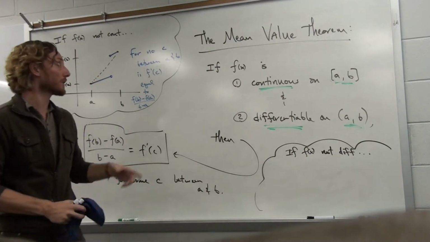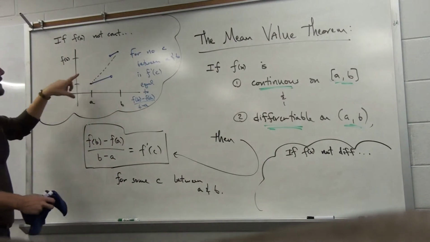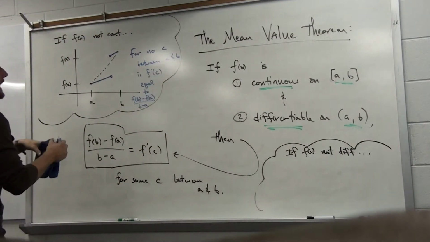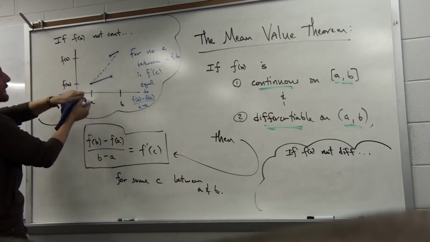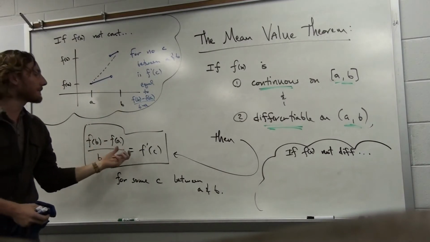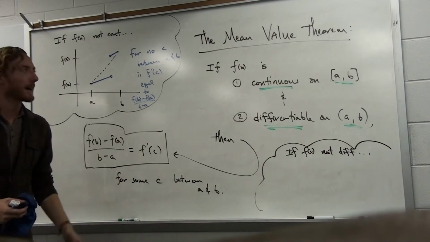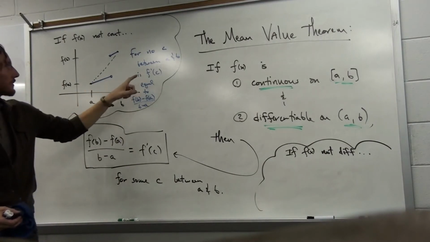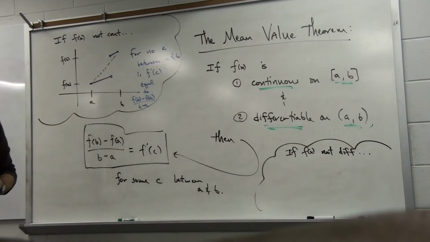We just showed that being continuous is necessary. If you were able to teleport through time, if your function was able to jump, the statement of the mean value theorem would not be satisfied. In other words, you would be able to have tangent slopes that would be different from average slopes everywhere.